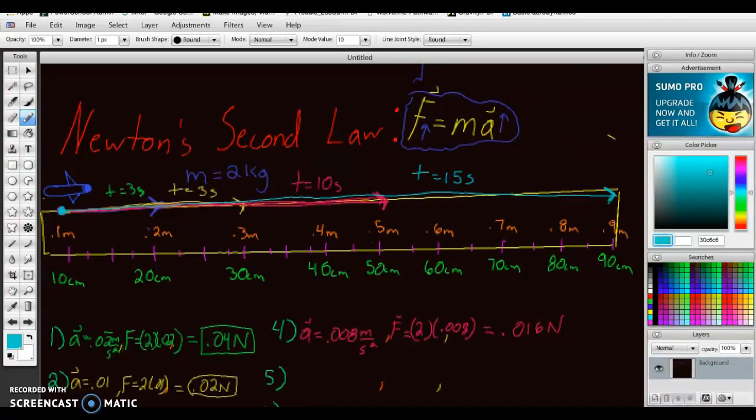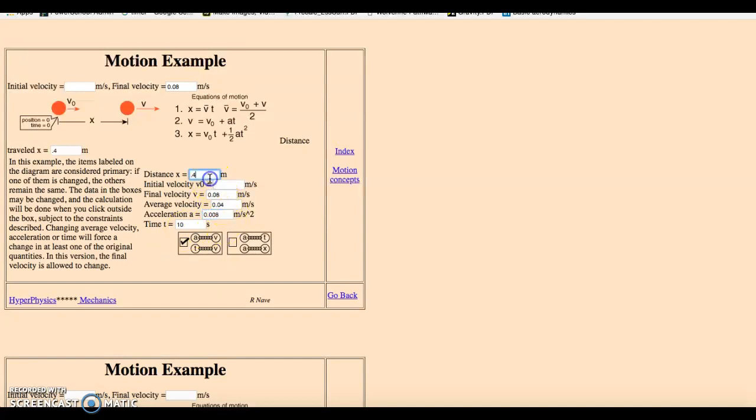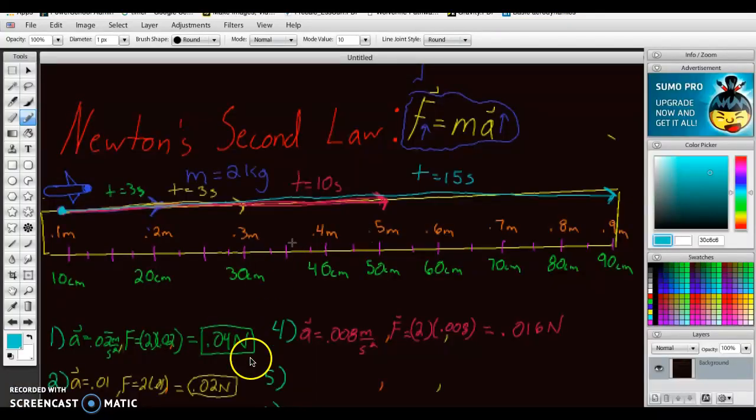The acceleration is going to be 0.007 meters per second squared.